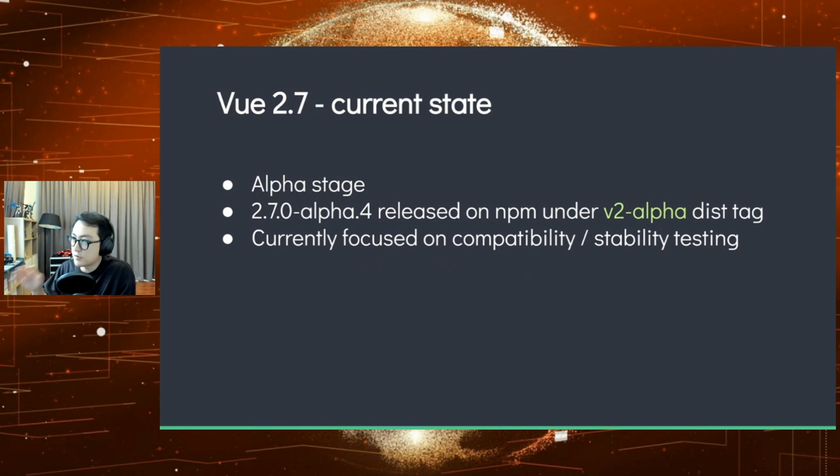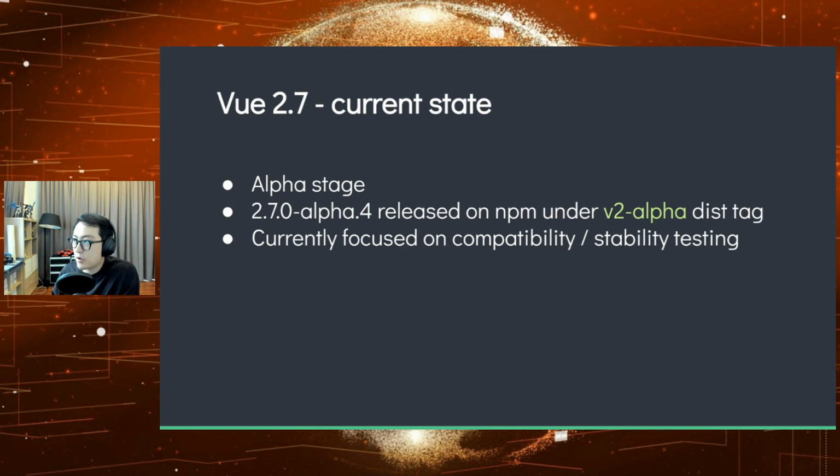So that brings us to the current release state. We are currently in alpha stage for 2.7. The latest release as of this talk is 2.7 alpha 4. It is behind the v2-alpha distribution tag. So you can do, for example, npm install vue@v2-alpha, and you'll get the latest alpha release for 2.7.